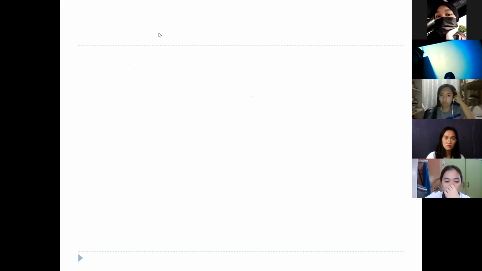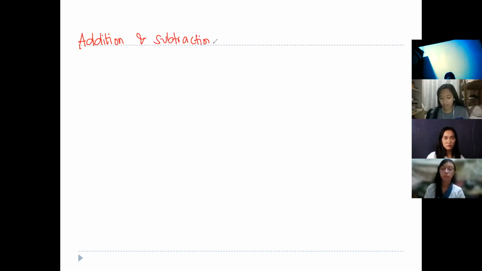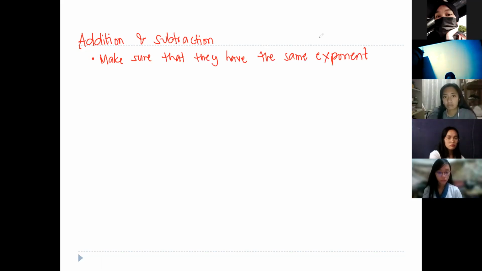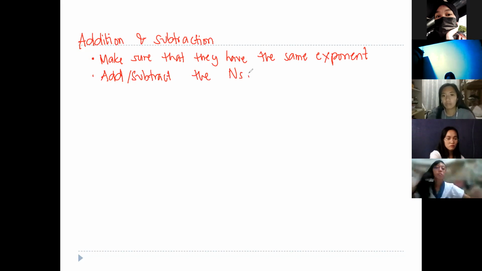Let's try addition. Addition or subtraction, we will do both together, because they have the same rule. Number 1, we have to make sure that the given numbers have the same exponent. That is the first thing we do. When they have the same exponent, either we add or we subtract the N's. So, for example, if there are only two given, N1 and N2, either we add or we subtract. That's all we do.